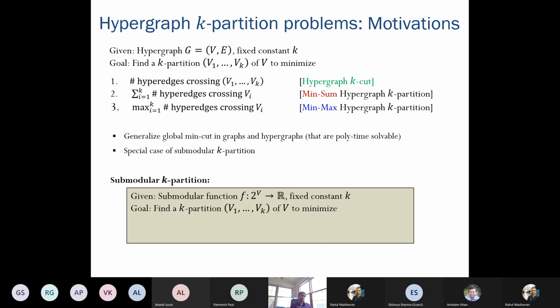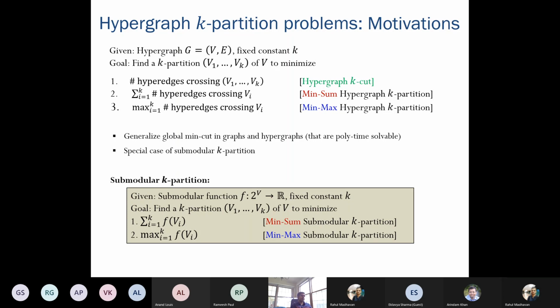It's a fixed constant that is independent of the size of the ground set. We would like to find a k partition of the ground set so as to minimize a natural measure of interest. If the measure of interest is the sum of the function values of the parts, the problem is known as min-sum submodular K partition. If the measure of interest is the max of the function values of the parts, the problem is known as min-max submodular K partition.